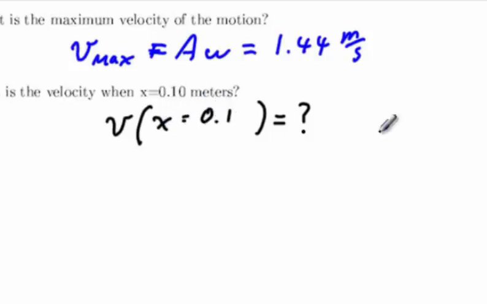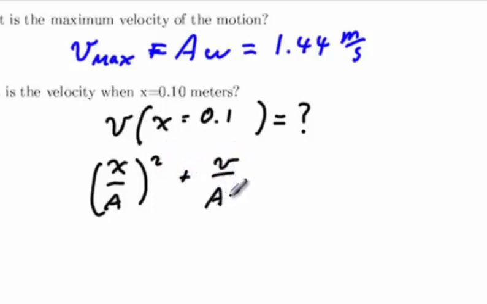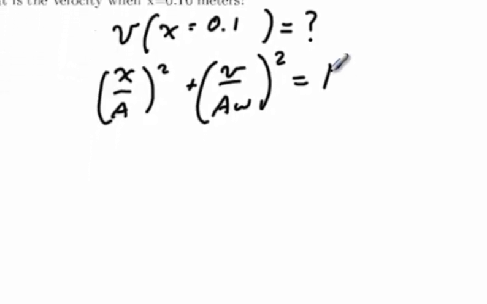In order to answer this, we'd like to have a relationship between the velocity and the position. And in the previous discussion, we derived this relationship that x divided by its maximum, squared, plus the velocity divided by its maximum, squared, must be equal to 1. So in this case, we simply need to plug in an x of 0.1 and all the rest of the information that we know quite well to solve for the velocity itself.